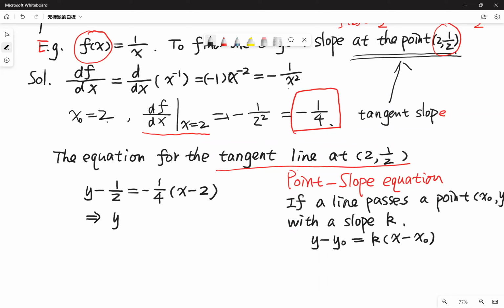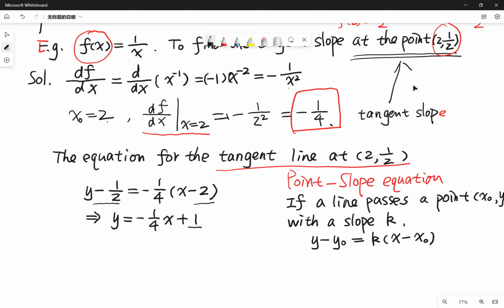y equals -1/4 x plus 1/2 plus 1/2, right? Plus 1/2 and plus 1/2. Then it's 1 here. Right?